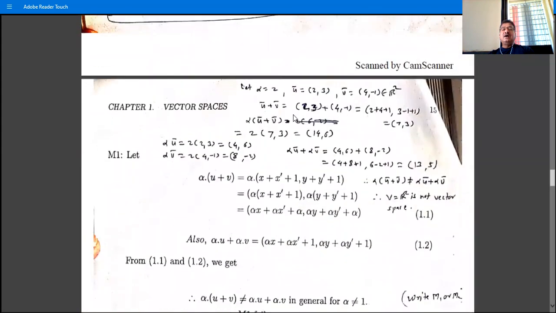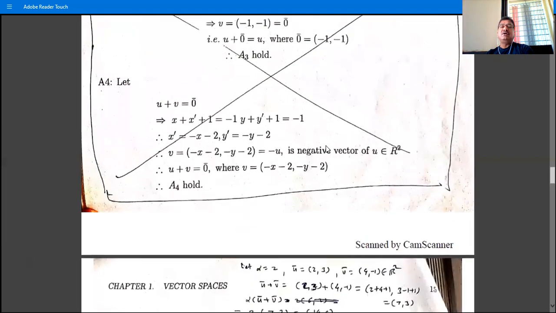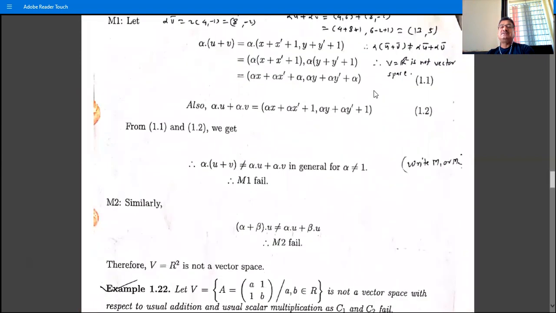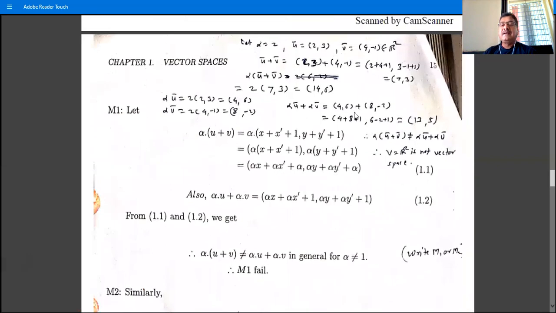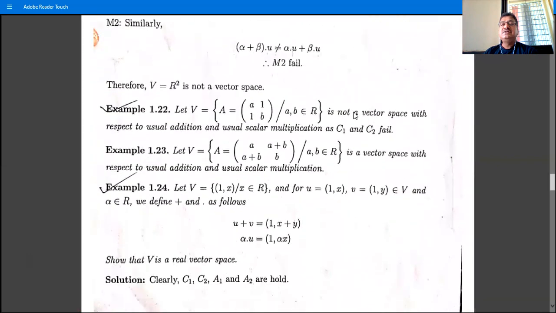So you can give this answer by taking particular elements u bar, v bar of R2 and a scalar alpha. This is called a counter example. In order to show that a set is not a vector space, give the counter example. Okay, and that is the answer.